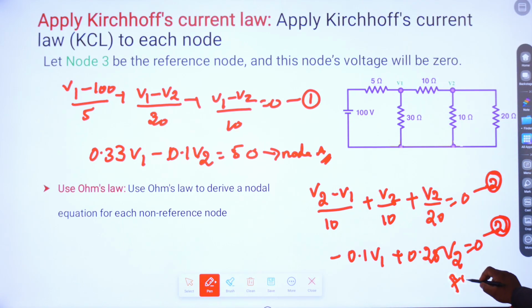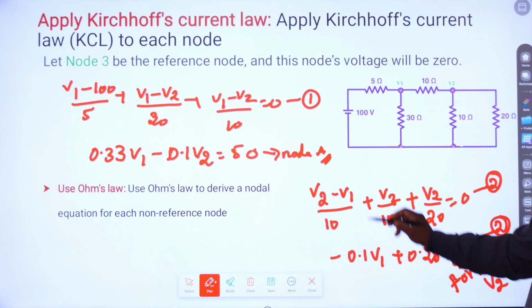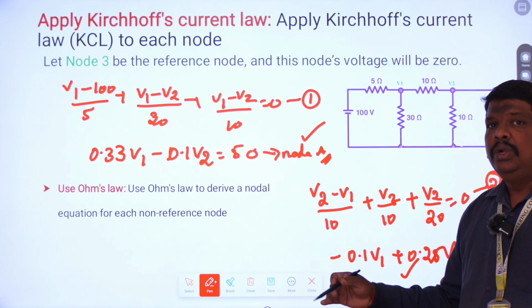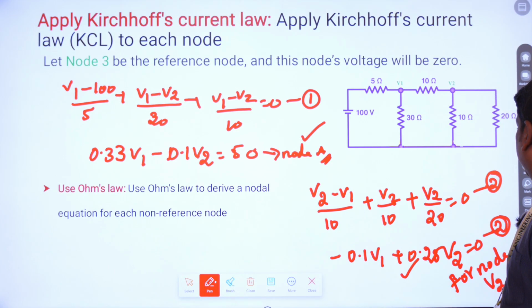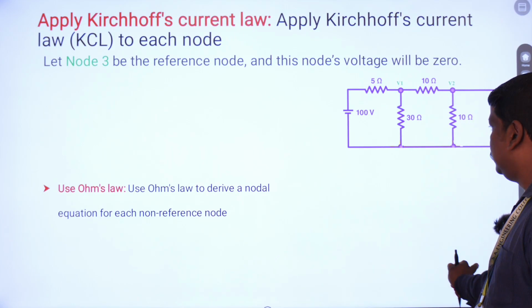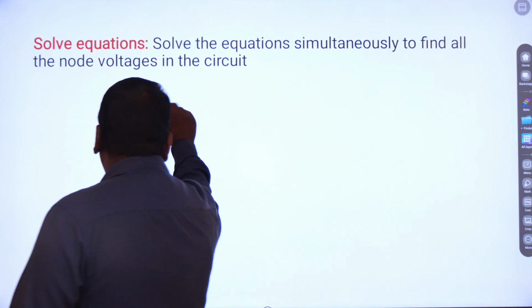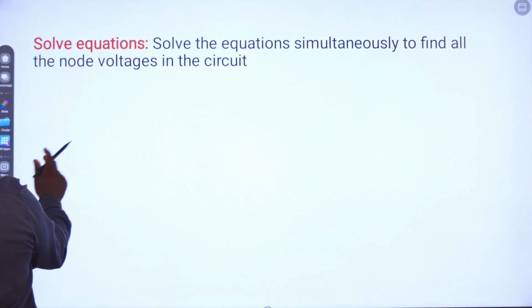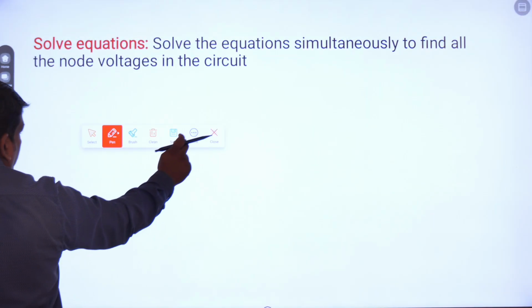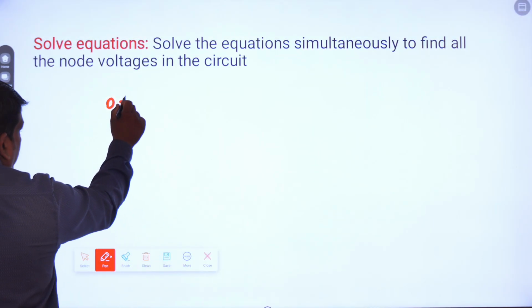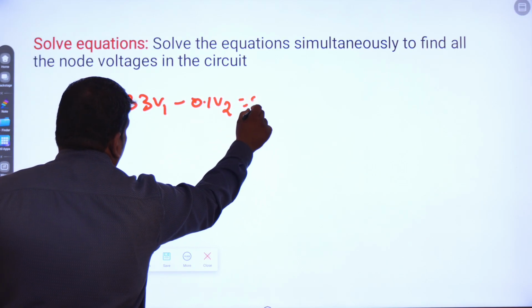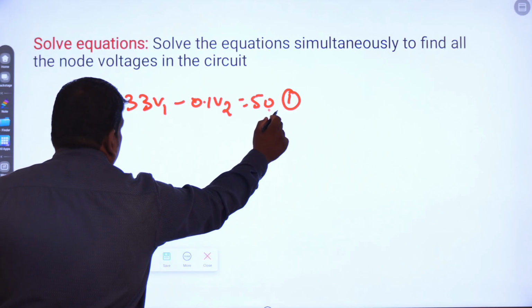Now this is for your node B or node V2. Now equation 1 as well as your equation 2 should be solved to find your node voltages. Okay, we got two equations. One is 0.33 V1 minus 0.1 V2 is equal to 50, equation number 1.